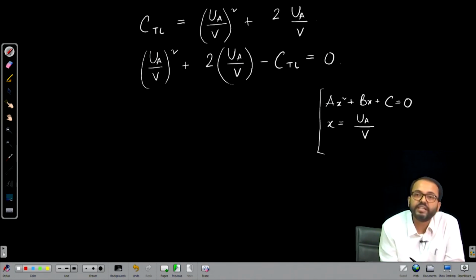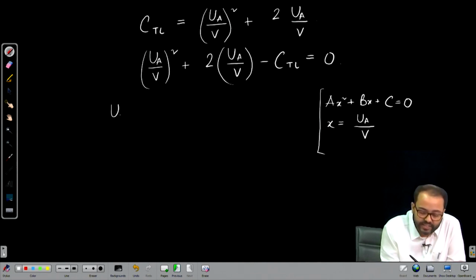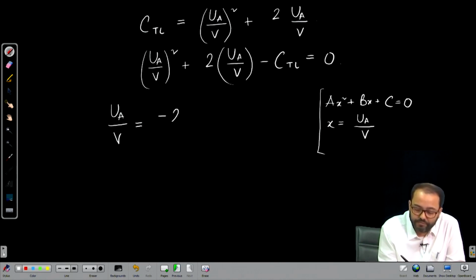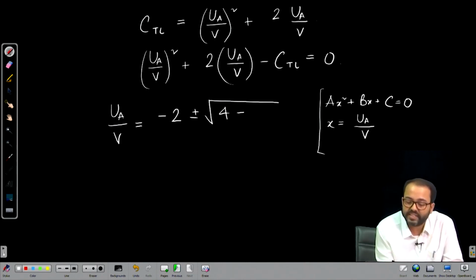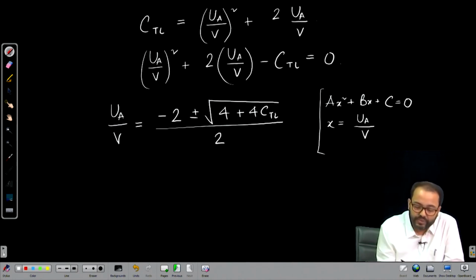So, what we do here is we apply the Sridharacharya method and calculate Ua by V as minus B, which is 2, plus minus root over of B square minus 4AC. So, C is basically minus CTL, so plus 4 CTL, by 2A, A is 1 here, so 2.